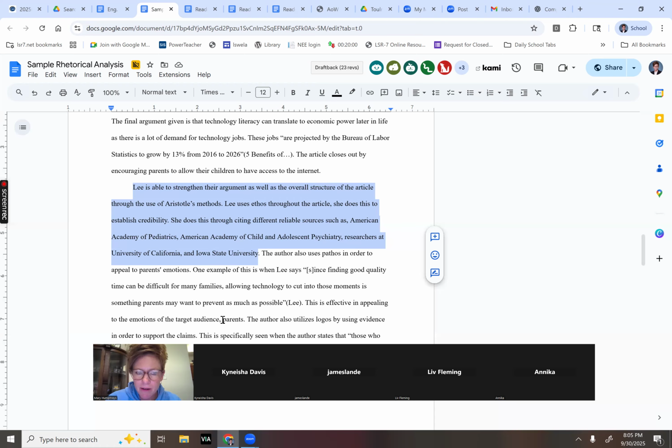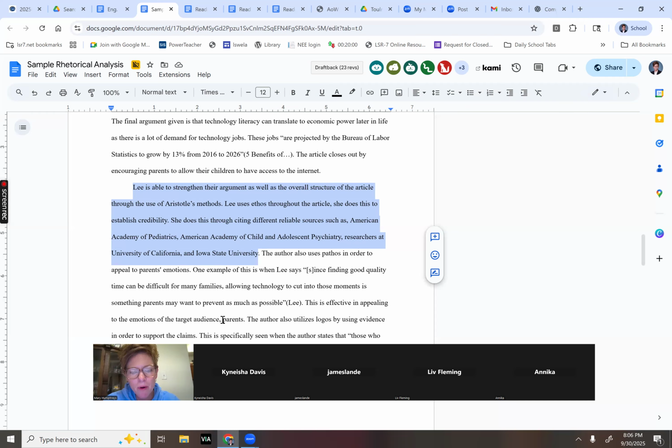And so what I highlighted here on my screen, I just want to talk about it for a little bit, okay? What you're going to be doing in this paper is first identifying, when you are reading, which of the argumentation strategies you can find, right? So as I'm reading my article, I'm either highlighting things, maybe I'm highlighting all of the ethos in yellow, all the pathos in pink, all the logos in orange, right?